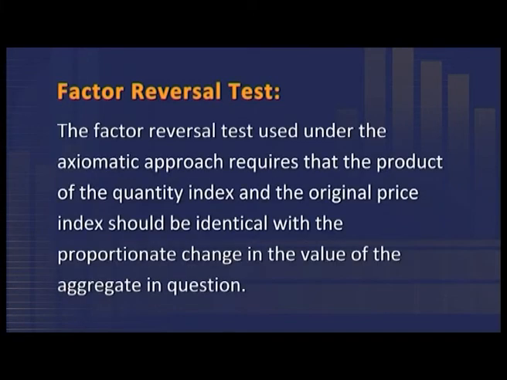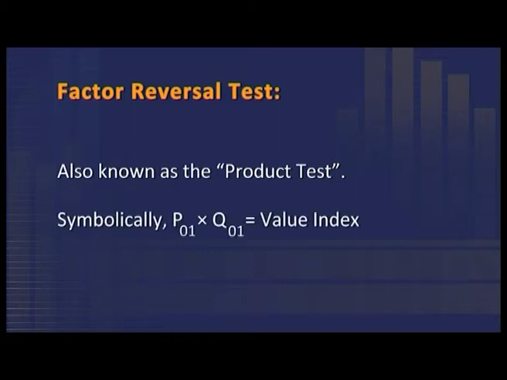The factor reversal test used under the axiomatic approach requires that the product of this quantity index and the original price index should be identical with the proportionate change in the value of the aggregate in question, also known as a product test. Symbolically, P01 into Q01 is equal to value index.